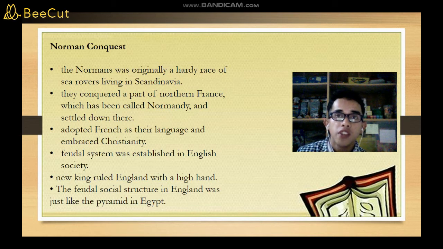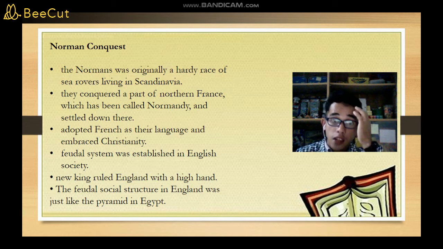The status of life was divided. There were high class, middle class, and lower class. That is what happened during the reign of William the Conqueror, who became a new king who ruled England.